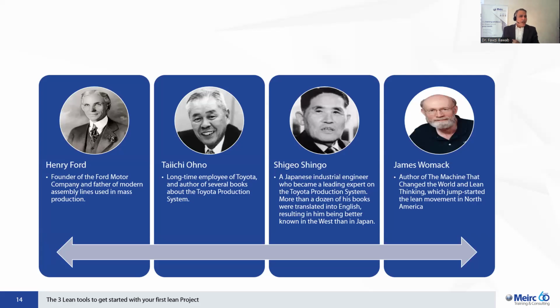Just taking you through history, if you think about lean, we can trace it back to the days of Henry Ford and the Ford Motor Company, Taiichi Ohno, Toyota, Shingo, Japanese industrial engineer. He came up with also a tool called the Poka-yoke.